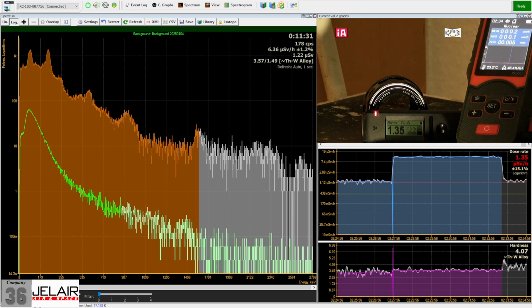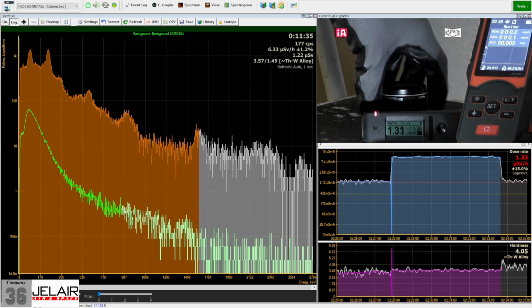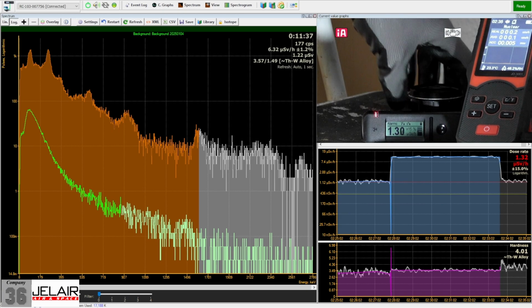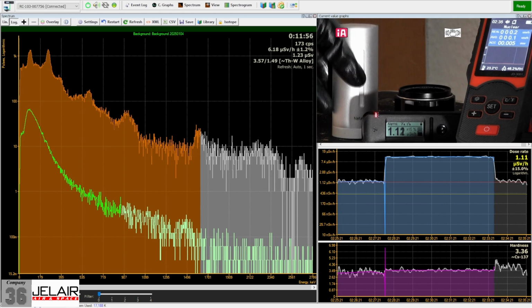I'm gonna change the position once again. Now I have it sideways, and you can see it doesn't increase the radiation significantly. It even drops a little. So this is from the side of the lens. This is mostly where you would have your fingers when you operated the focus and the aperture.